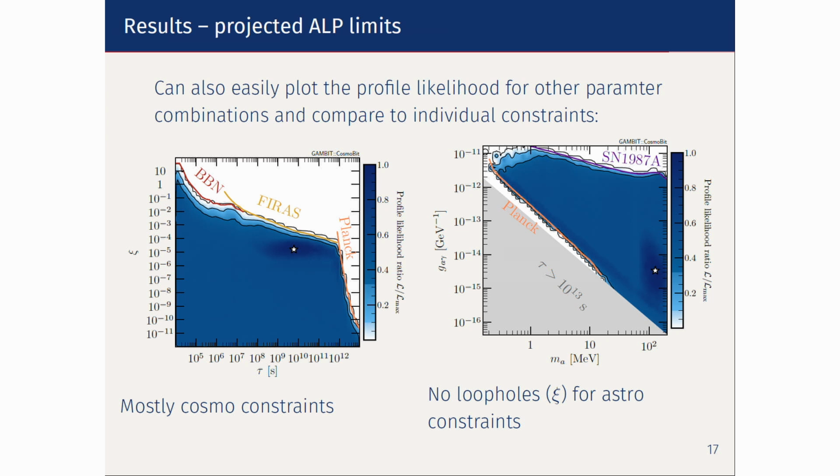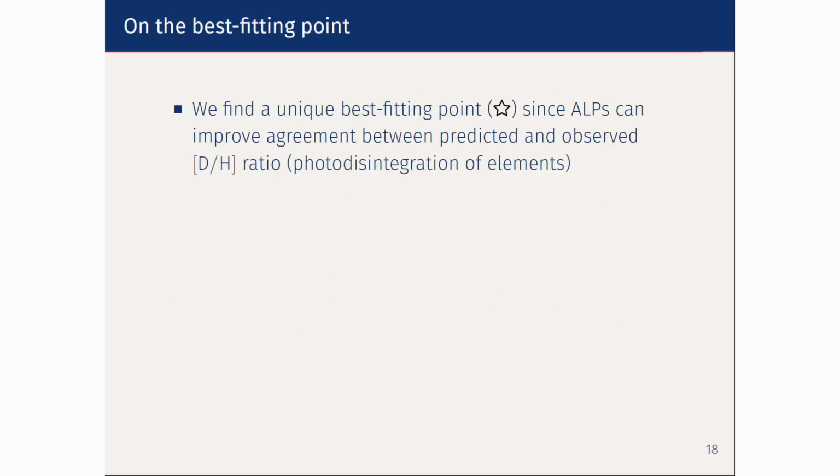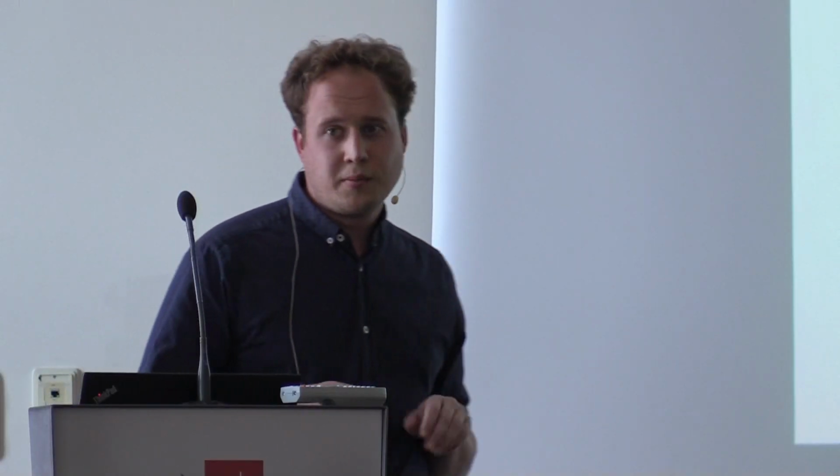Whereas if you look at the more traditional mass and coupling plane, you have no loophole, so you can't go to regions of low abundance, but these are very solid constraints from astrophysics. So, depending on which parameterization you look at, which is quite easy to do once you have the results, you can see that your results behave as expected. So, what about this best fitting point?